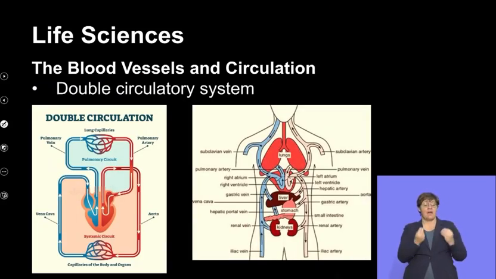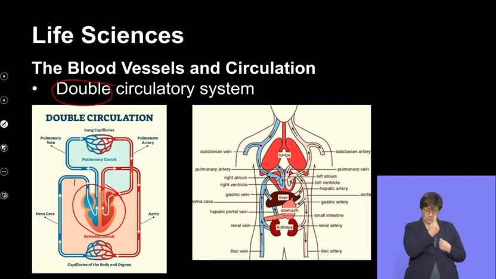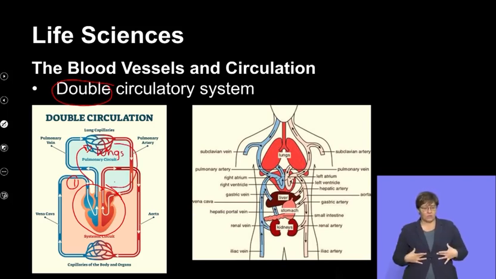So what do we have? Humans, or mammals, have what we call a double circulatory system. What does that mean? It means quite simply, look here, blood must come to our heart first. Then it must go to the lungs. And after the lungs, where must it come?